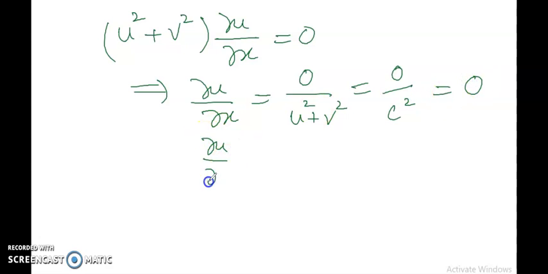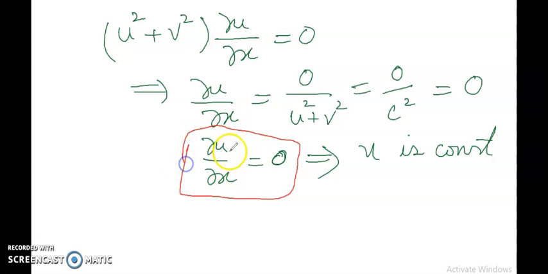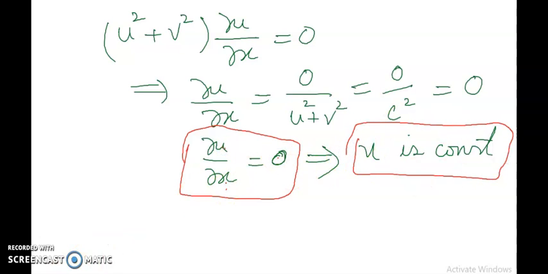So ∂u/∂x is equal to 0 implies u is constant, because the derivative of a constant is 0. So we can assume that u is a constant function here.